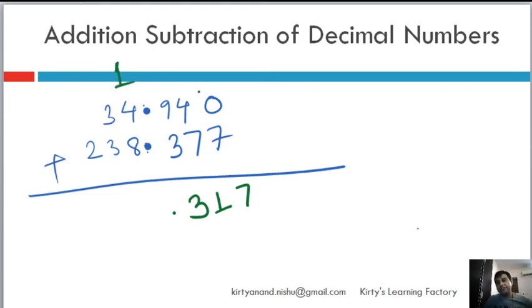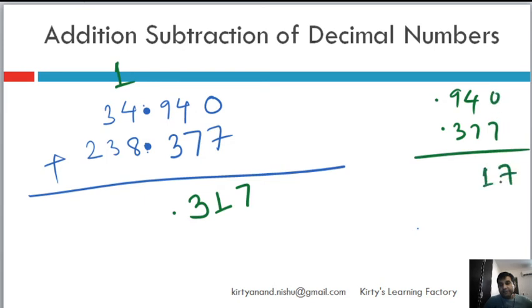Okay, now just see for yourself. It basically is what you are adding: 0.94 and 0.377, right? So basically you are doing this. 0 plus 7 is 7, 7 plus 4 is 11, 1, 9 plus 1 is 10.